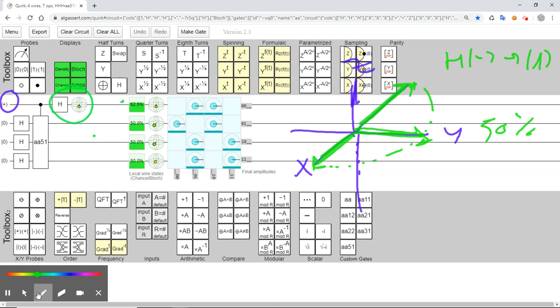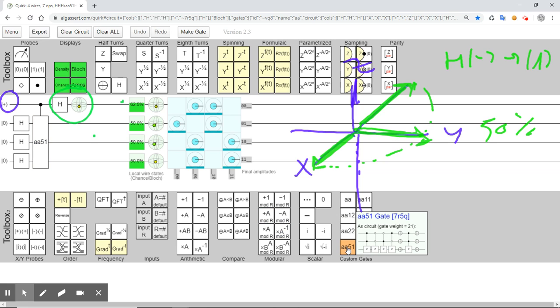Exactly. And if I remember well, this means there are 5 solutions out of 8 possible values, correct?